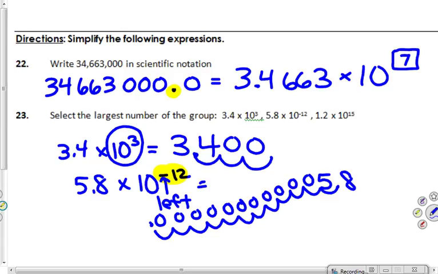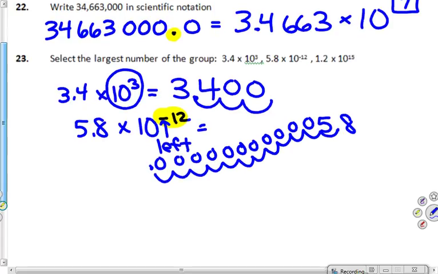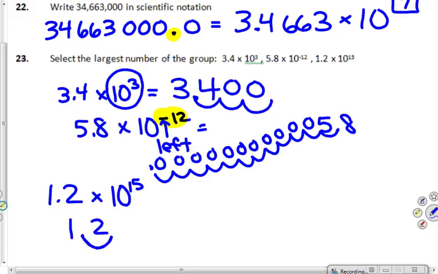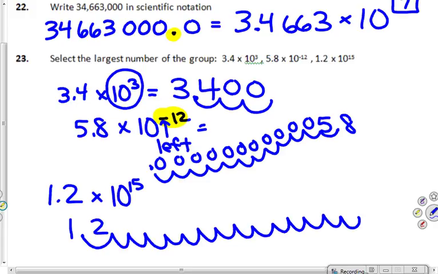Now, 1.2 times 10 to the 15th, I think, is a huge number because it has a positive exponent on the 10. You need to take the decimal point 15 spaces: 7, 8, 9, 10, 11, 12, 13, 14, 15, 0, 0, 0, comma, 0, 0, 0, comma, 0, 0, 0. We're in the millions.